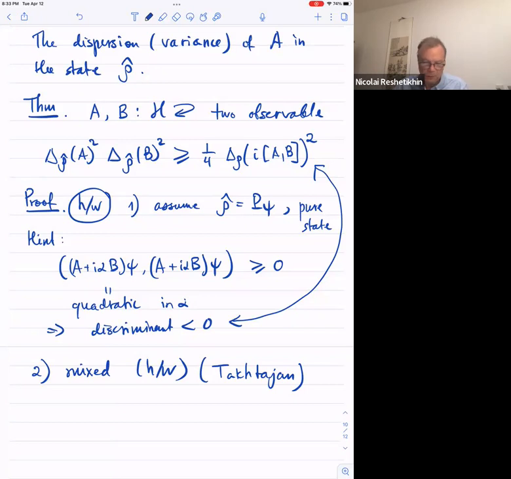Okay, so next time we will start with the uncertainty principle, and then we'll maybe discuss a little bit more the probabilistic meaning of states in quantum mechanics. And then I think it's impossible to discuss quantum mechanics without a good example. So a good example will be the Schrödinger equation, the Schrödinger operator, which is the Laplacian plus a potential.